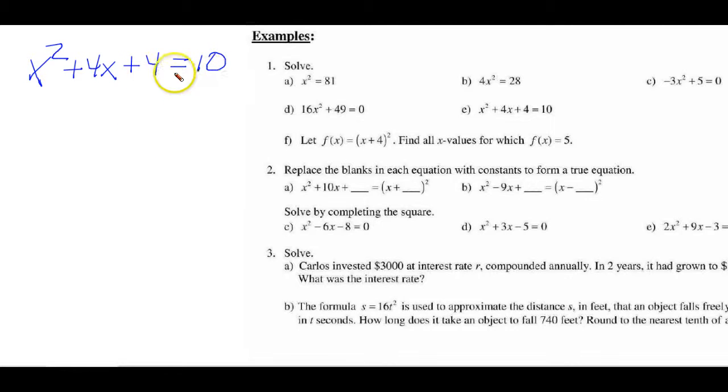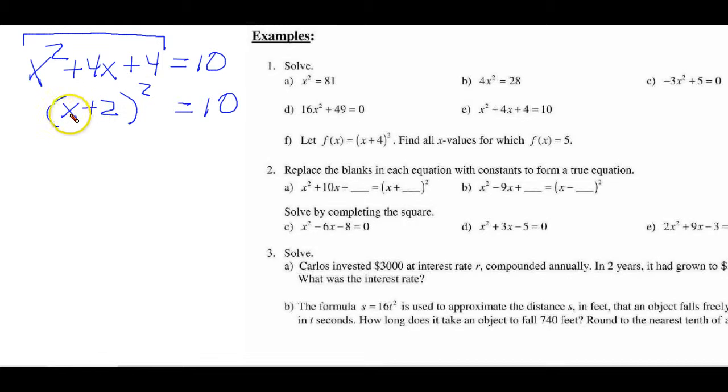Now that's not in standard form, but this part, do you recognize what that is? Think about it. That's a perfect square trinomial that will factor into x plus 2, the quantity squared, equals 10.